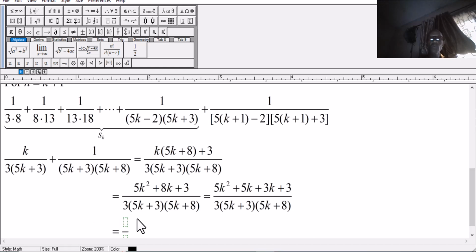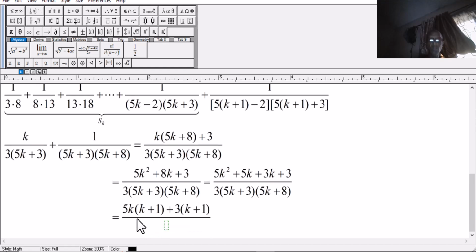So you have 5k into k plus 1 plus 3 into k plus 1, then 3 into 5k plus 3, 5k plus 8.